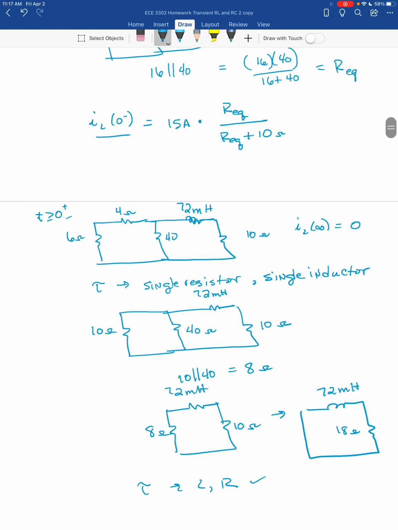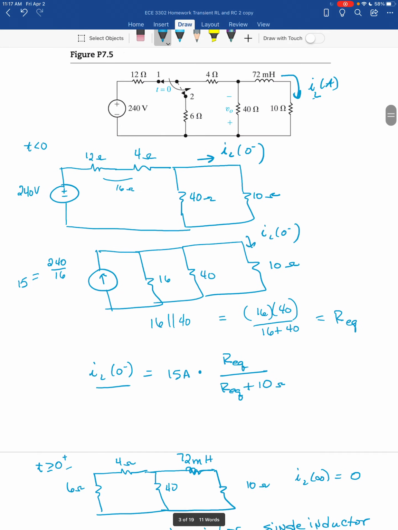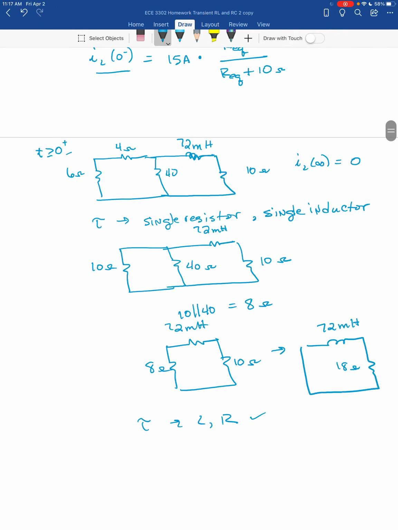Now the t greater than 0 circuit, if we go to this point right here, what I actually want is this voltage. Actually, let's come up to this step. I want this voltage. That's what I'm actually asked to find in the circuit. So what I have is I of t. That's what I actually found.